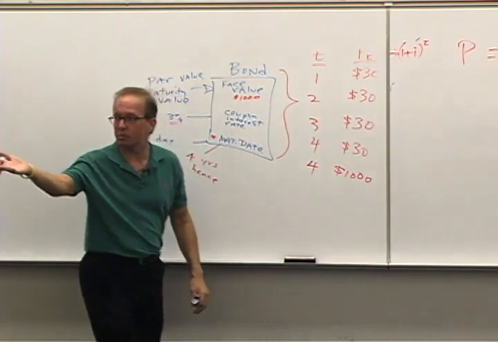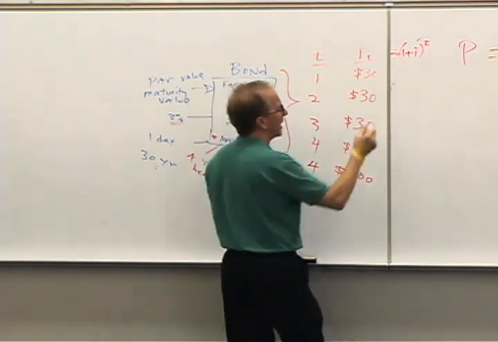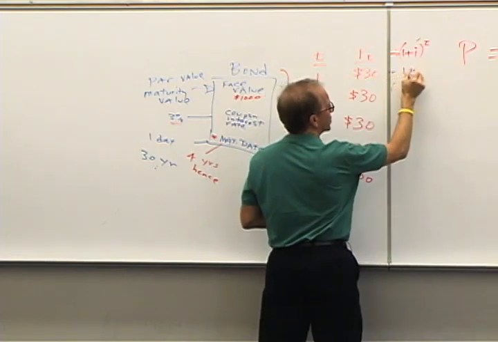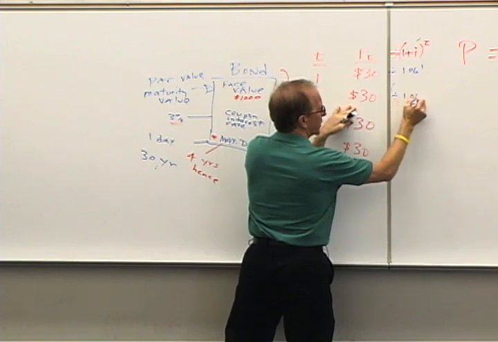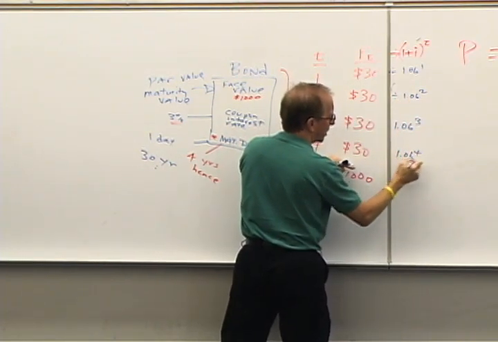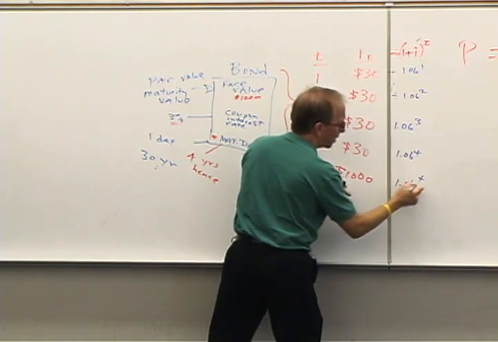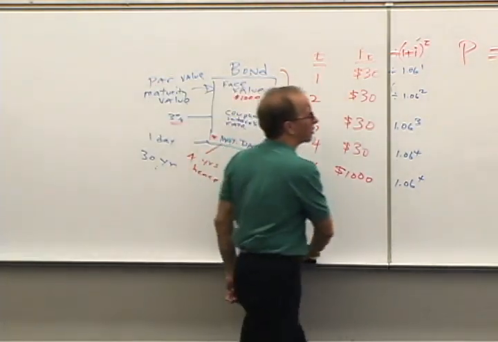Let's do that. 6% was your discount rate. And so let's use 6%. This would be divided by 1.06 to the first power. Divided by 1.06 to the second power. 1.06 to the third. Why don't you get your calculators out and do that if you have a calculator with you?